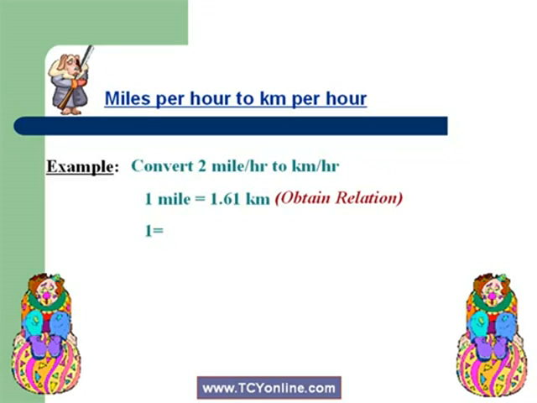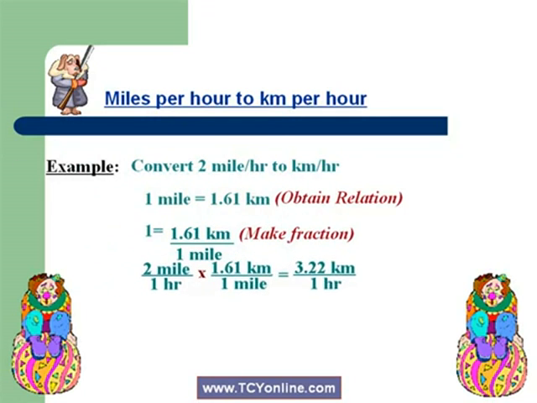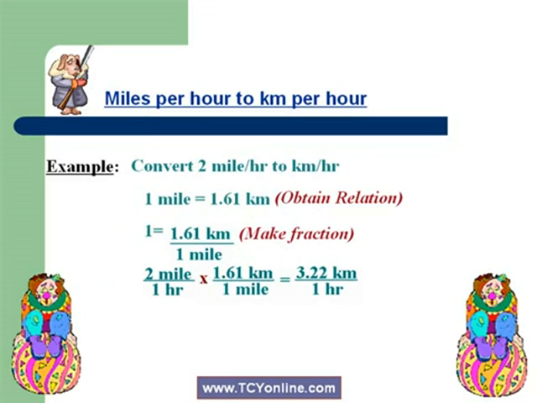So, obtain a fraction equal to 1 by writing the equation with the desired unit on top and the given unit on bottom. So we get 1 is equal to 1.61 kilometer over 1 mile. Now we can write 2 miles per hour as 2 mile over 1 hour.